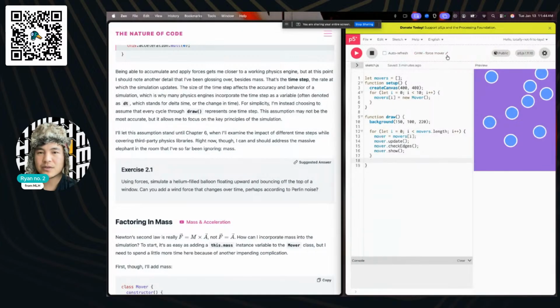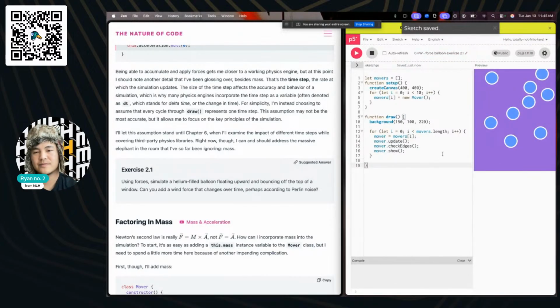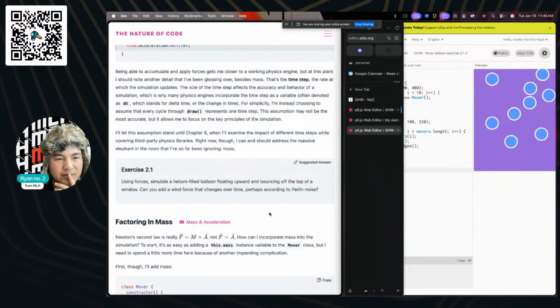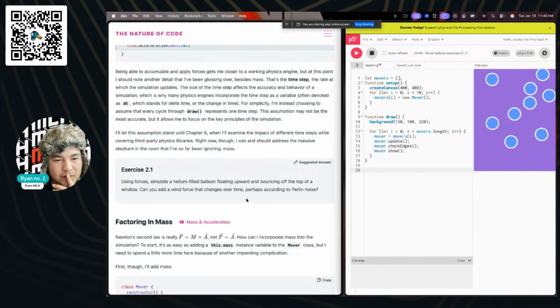Okay, so this is now going to be the balloon exercise 2.1. And let's see. So we want to add a wind force that changes over time.